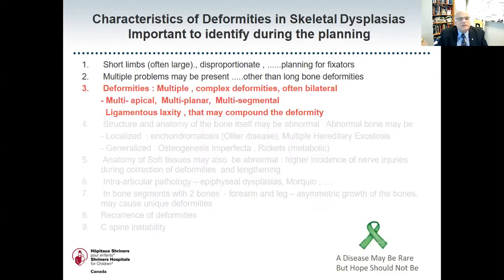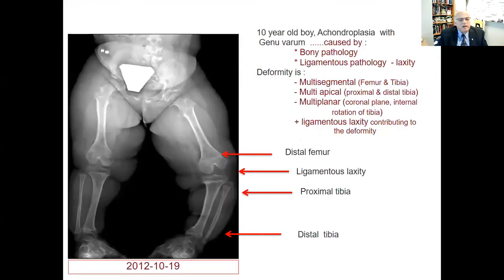The third characteristic is that these deformities are not simple uniplanar ones. They are complex deformities, often bilateral. They are multi-apical, multiplanar, multi-segmental, and may be associated with ligamentous laxity. This is a typical example of an achondroplasia presenting with genu varum. After analysis of this deformity, you can notice that there is both a bony and a ligamentous component.